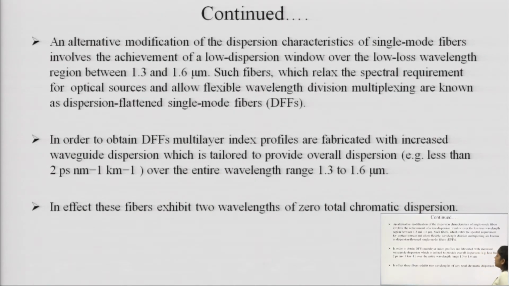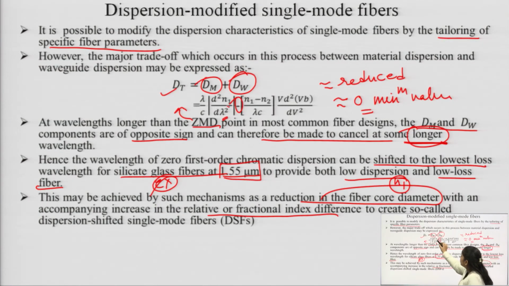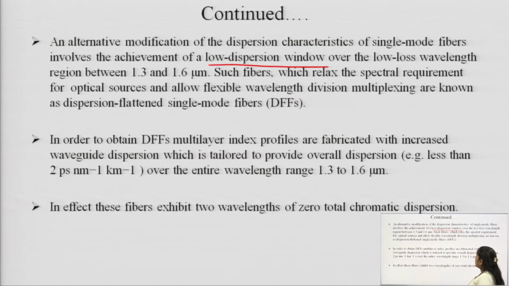But continuing this, an alternative modification of the dispersion characteristic of single mode fiber involves the achievement of a low dispersion window. That means the window is dependent upon the wavelength, and if we are able to calculate the wavelength at which we can have the lowest dispersion, because the wavelength term exists here, we can achieve the low dispersion window over the low loss wavelength region between 1.3 to 1.6 micrometer.